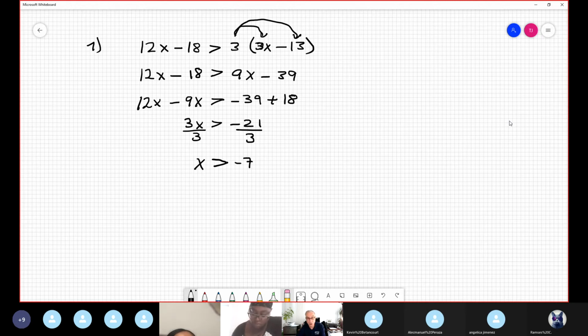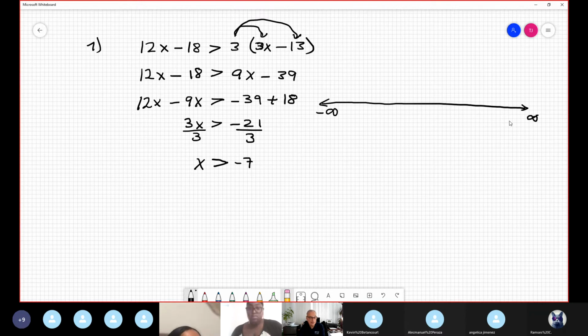Now, I don't leave it like that. I want to represent the solution on the number line and also express the solution using interval notation. Okay, this is 0, negative 7 I suppose is here.